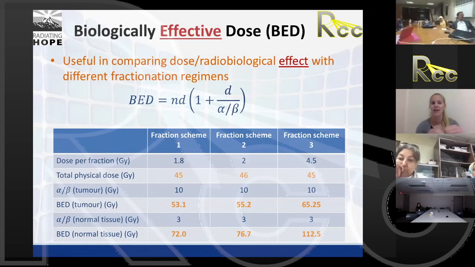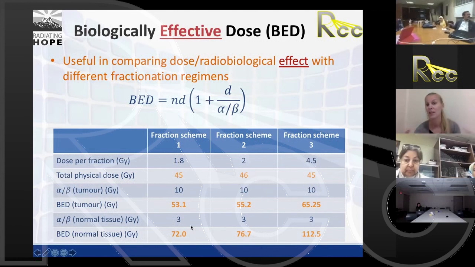Again, here you can see the sparing effect of having multiple fractions. If we have fewer fractions, like our 4.5 gray scheme here, we're effectively giving more dose to our healthy tissues because it's got that low alpha beta ratio. So it's got that late effect situation going on.